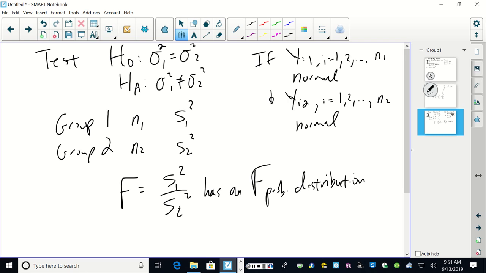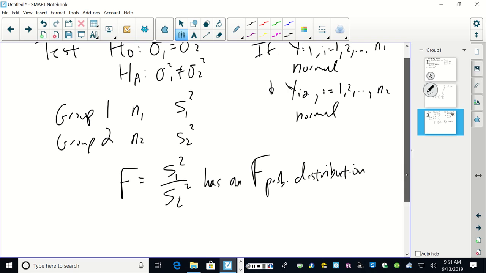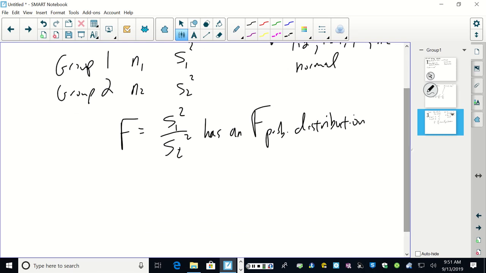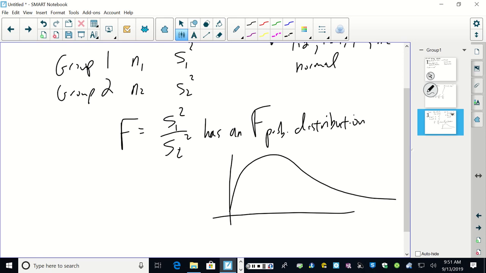That was a core book for training applied scientists. So this thing has a particular probability distribution. I should say under the null hypothesis, under H0, that they're equal.